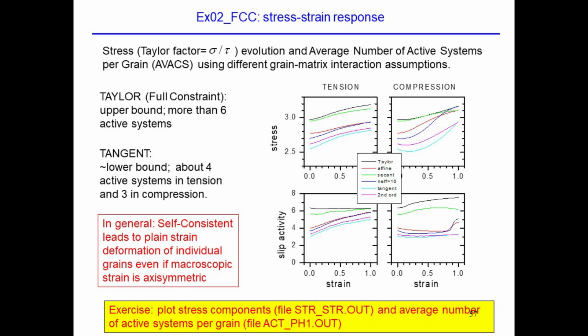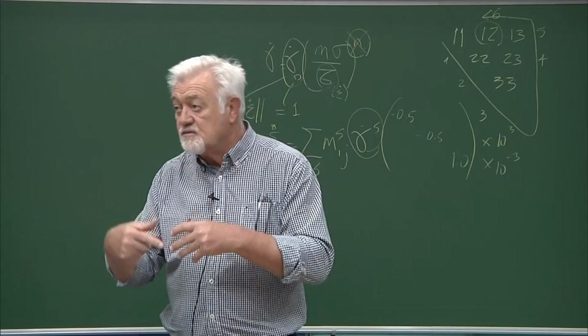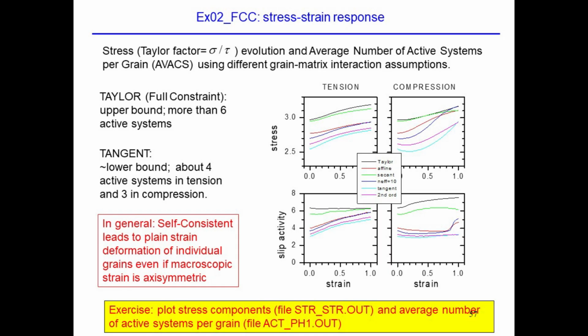So there is going to be no dispersion in the strain between the inclusion and the medium. The other assumptions, like the tangent or the affine, are characterized by a medium that is more compliant. So if the inclusion is harder than the medium, it is going to deform less. If it is softer than the medium, it is going to deform more. So that has to do with the interaction assumption that you take.